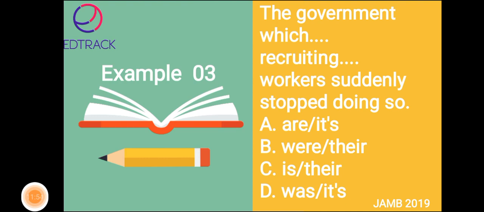Here we have two missing words that we need to look for and fix in, so as to make the expression complete. What are these two words? We have the options here. What is going to be our answer? Government. Is government a plural noun or a singular noun? Because it is when we know whether it is seen as a plural or singular noun that we will know what verb we are going to use with it.